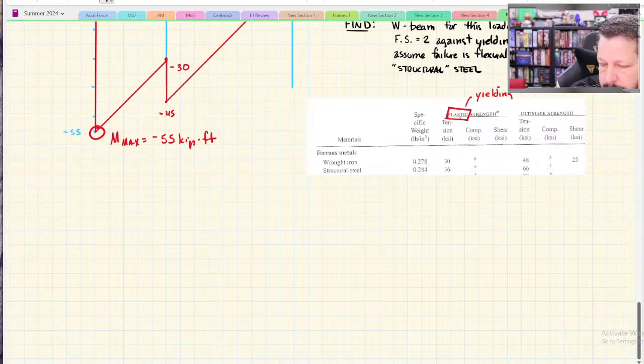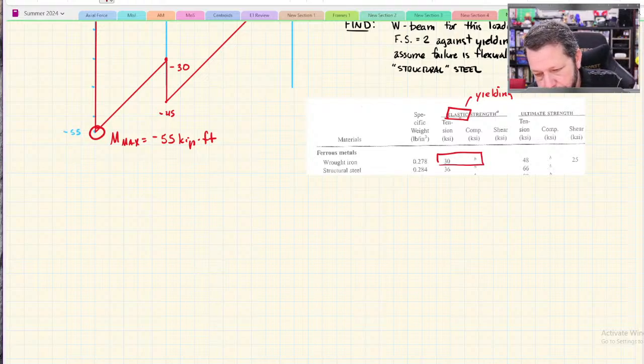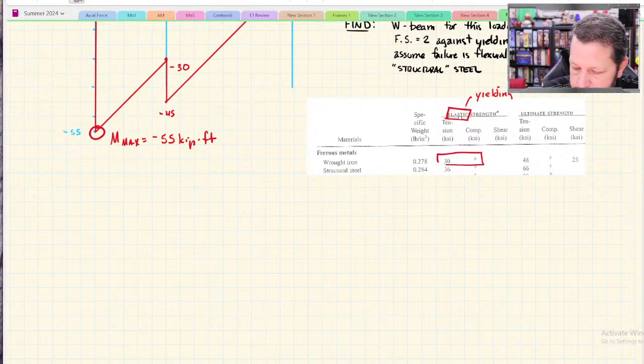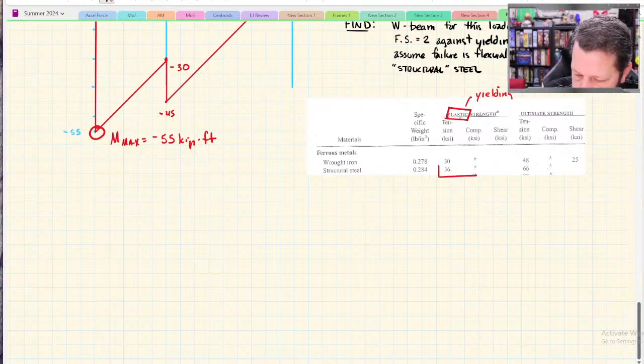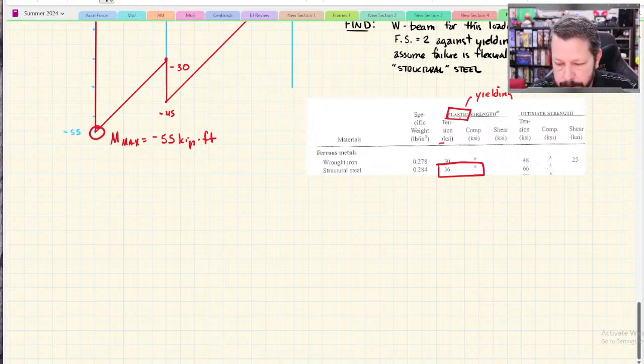And tension and compression are both the same number. Sometimes tension is different from compression, but not for most steels. It's usually a different specialized type of material. So in this case, 30 is for tension and B is for compression. That means they're the same as far as we're concerned. Oh, that's wrought iron though. Not that one. 36. So our elastic yielding strength is 36, and the units are KSI.